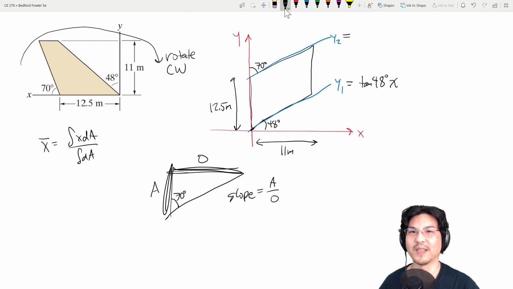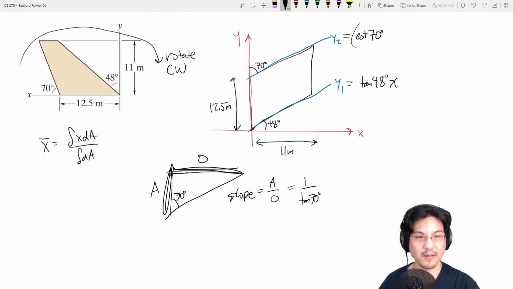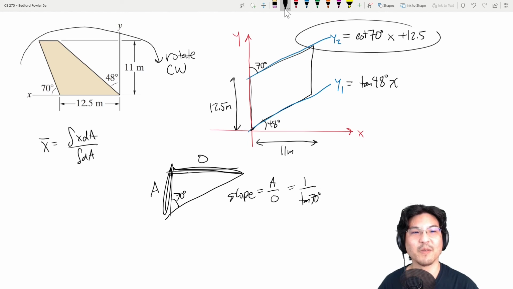So that's actually the reciprocal of tangent, right? 1 over tangent 70. I'm just going to write cotangent 70 for less writing. That's the slope. And then the y-intercept is right here, 12.5. Okay, so now we got both functions.